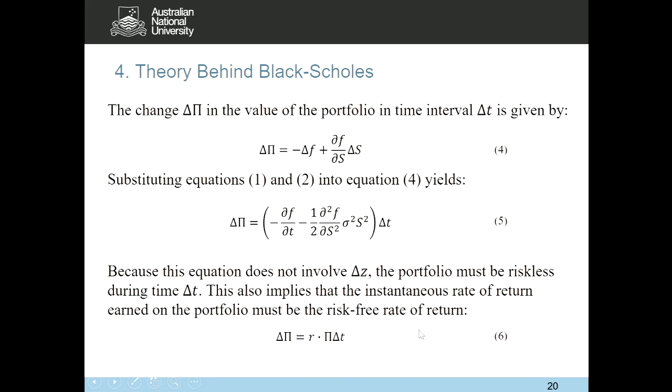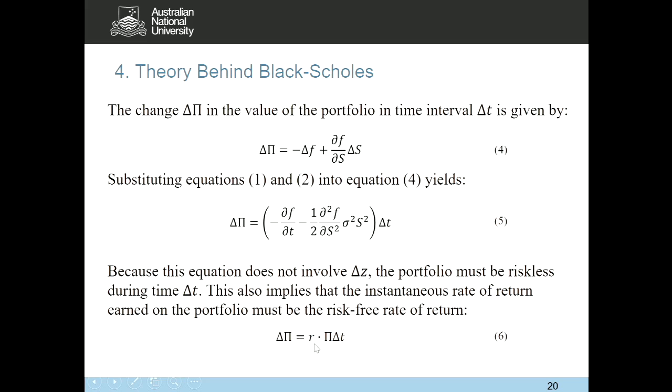So that's what we argued. The change in the pi is determined by the risk-free rate of return, because this portfolio does not involve any noise term, does not involve the delta Z, so this portfolio is deterministic, this portfolio is riskless. Therefore, the change in the pi must be driven by the risk-free rate.